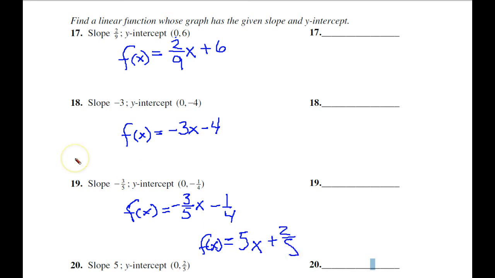So again, if we were going to plot any of these, we would plot the y-intercept first, and from that point, we would then draw the slope, doing run, if it's positive, to the right, negative to the left, and then up the number of rise units.